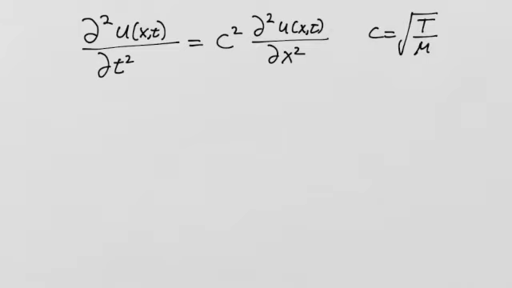And this equation is what we need to solve, because what we're after is u of x and t. I give you t, I give you x, and I get a number that's the displacement. It's that simple. I give it two numbers and it gives me one number back. And I need to find that expression.